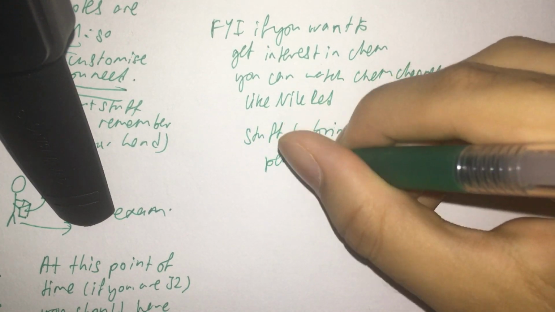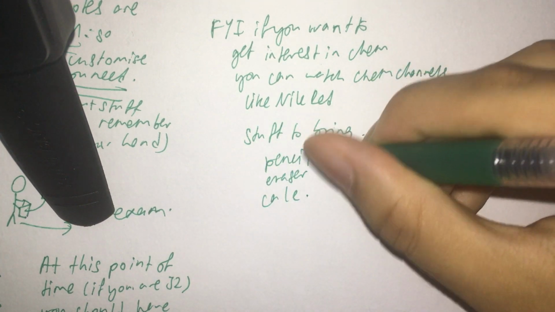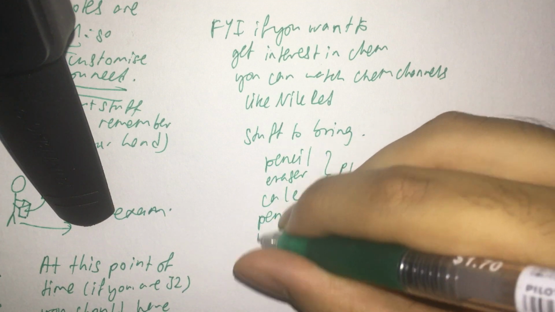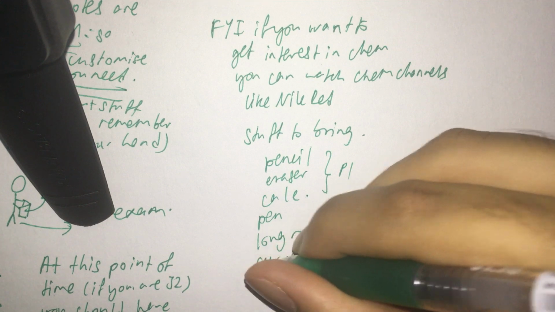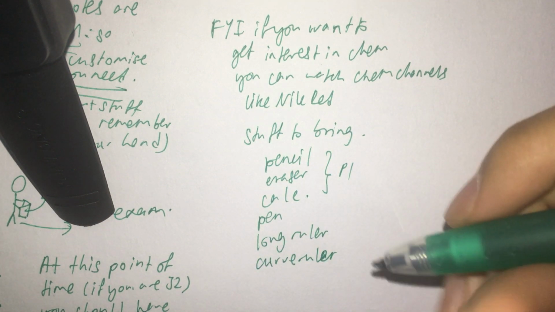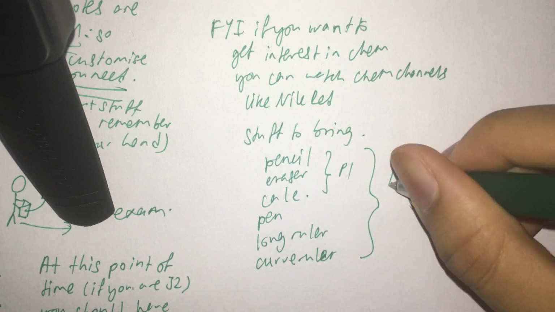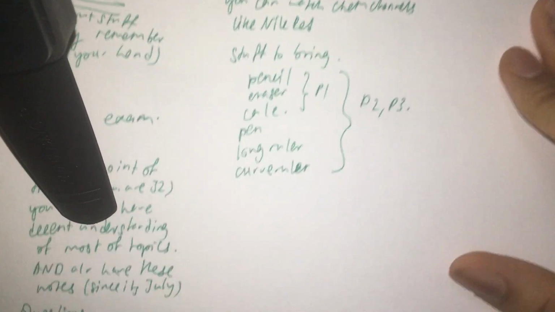So for paper two and three, you definitely need your pencils, your calculator, and all that, and you also need the long ruler and your curved ruler because you need to draw graphs sometimes. So in case you need to do that, you probably should bring it, and also just bring all your stationery, basically your pencil, your pen, your eraser, your ruler, like the smaller rulers, because I think the long one might be a bit too long for everything.